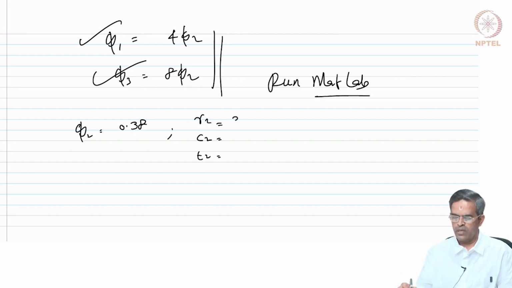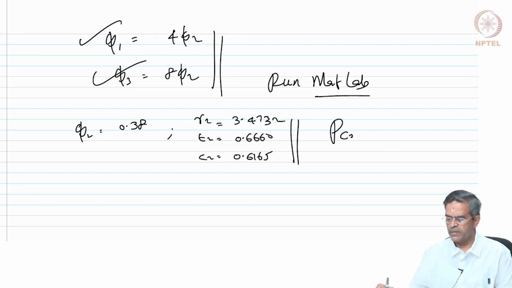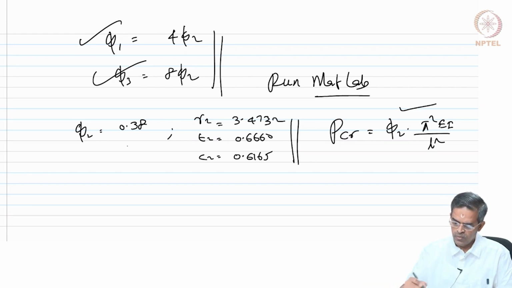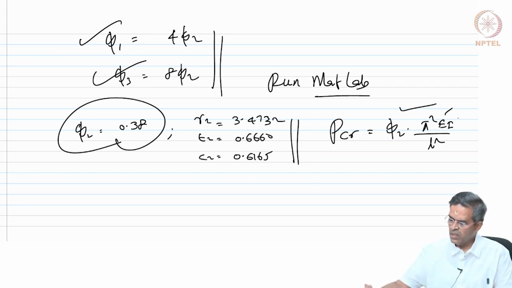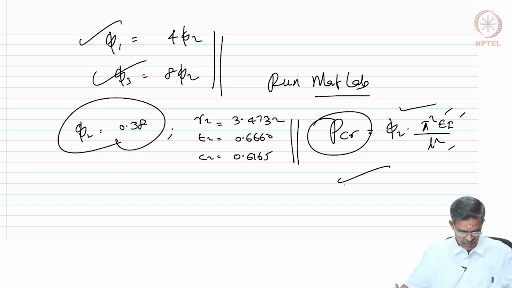I got R2 as 3.4732, C2 as 0.6660 and this is T2 and this is C2 which is 0.6165. So now I can say PCR is phi 2 times of pi square EI by L square. I have phi 2. If you know E, I and L, I can find PC.